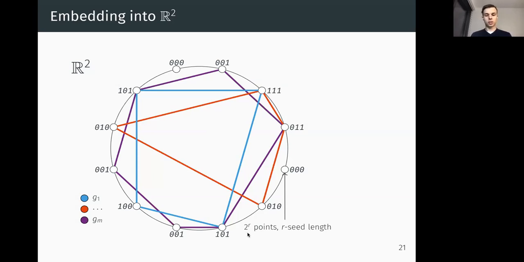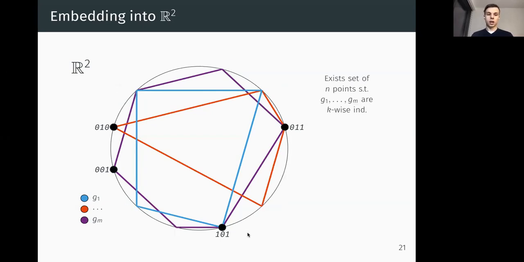R, I remind you, is log n times log n squared. But this is the best that we can achieve using this PRG. And if there is a better PRG against half spaces, it will give an improvement to this result directly. So we have those polygons with many sides.